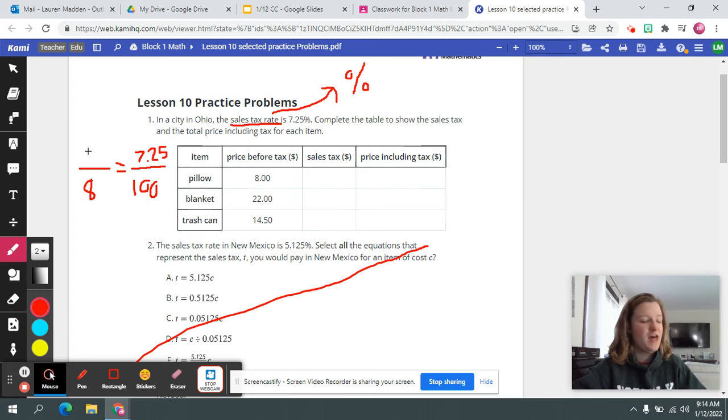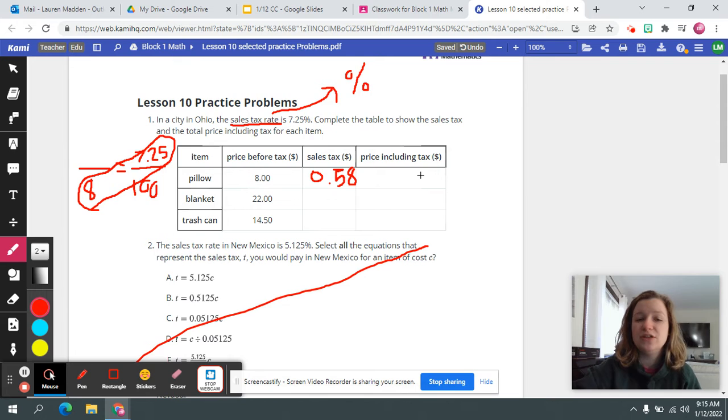So when I solve that, remember cross multiply 7.25 times 8. I'll go like this so we remember which way to do it. It's got to be diagonally across. And then divide that by 100. So I get 58 cents or 0.58 in sales tax. So a small percent, 58 cents.